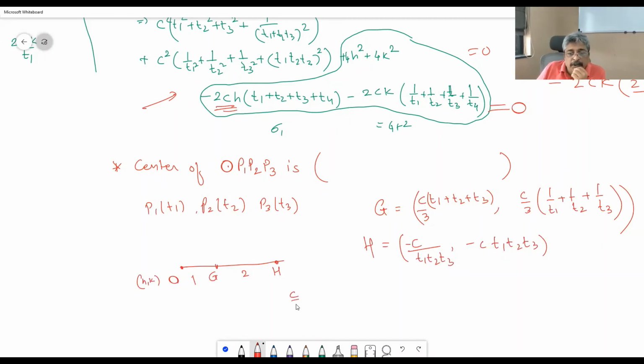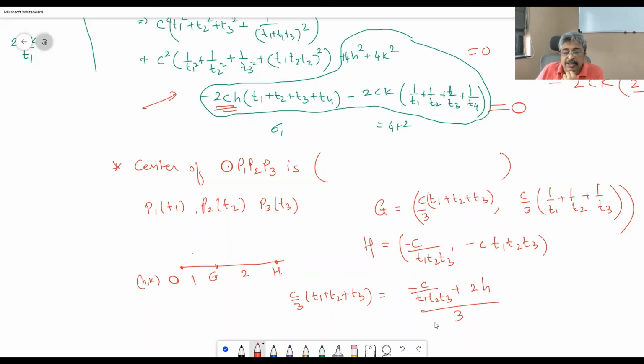So c upon 3 into (T1 plus T2 plus T3), that is the x coordinate of centroid, is equal to 1 times the x coordinate of orthocenter, which is minus c upon T1 T2 T3, into 1, plus 2 into h, upon 3.